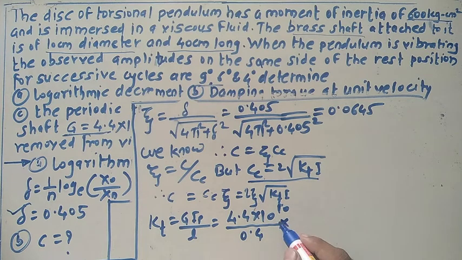What about Ip? Ip is nothing but pi by 32 into d raised to 4.